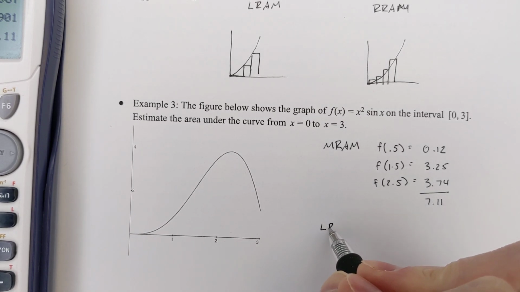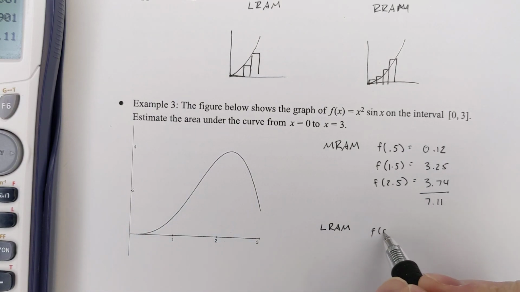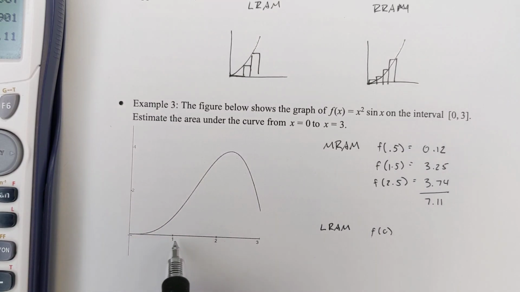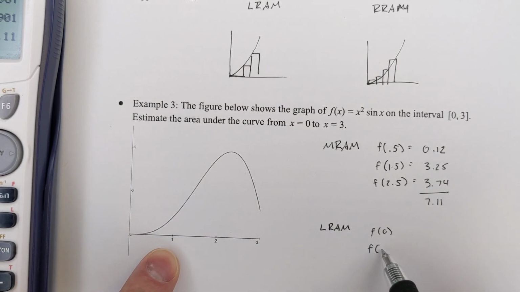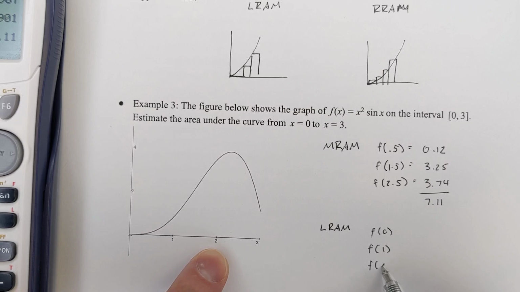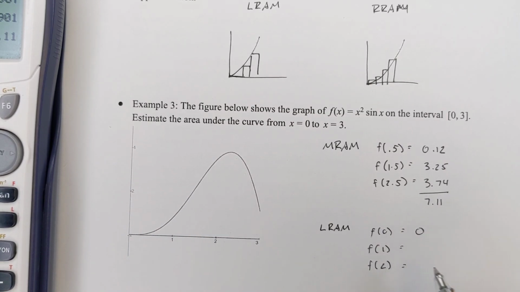So say I wanted to use LRAM. So I'm going to use the left edges. So I do f of 0 for the first rectangle, I use the left side. F of 1 and f of 2, the left edge of each rectangle. So f of 0 is going to be 0. F of 1 is going to be 1 squared times sine 1.